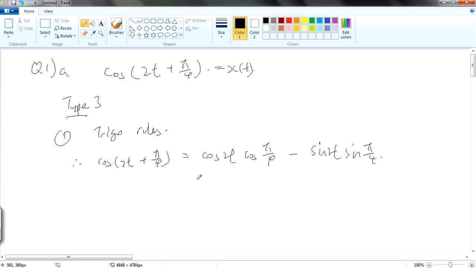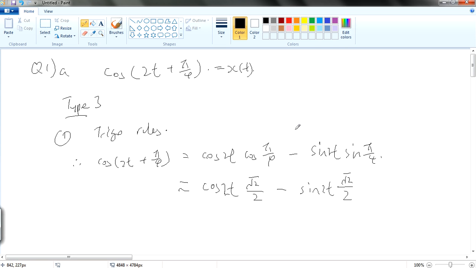Okay, and if you were to simplify, cosine pi over 4 will be square root 2 over 2, minus sine 2t square root 2 over 2.